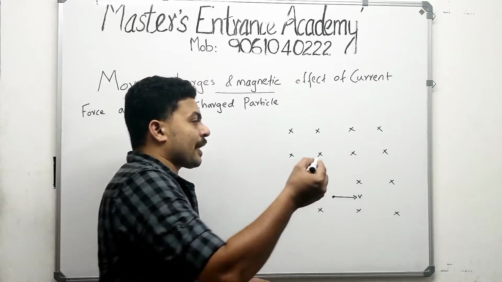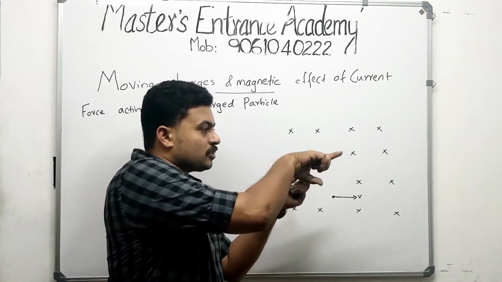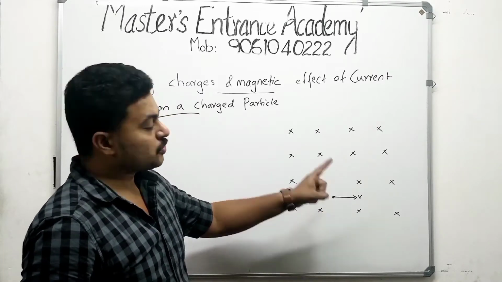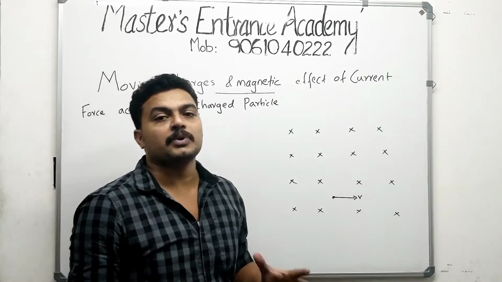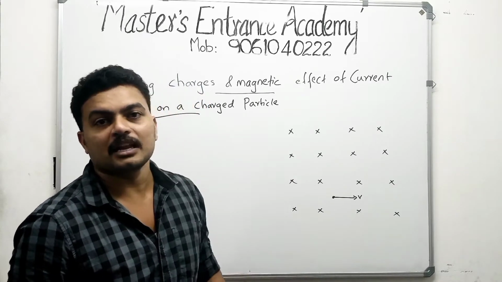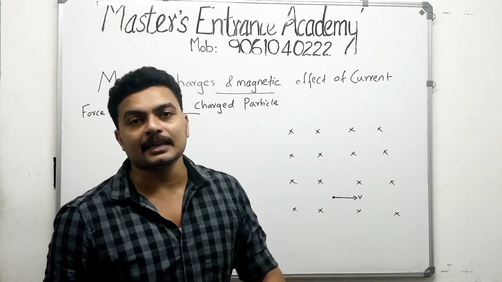Look, this is the direction of the magnetic field and this is the direction of movement. What is the angle? 90 degrees, perpendicular. So it will experience a force, and due to that force it will move in a particular direction. The direction is given by Fleming's left hand rule or the right hand palm rule.